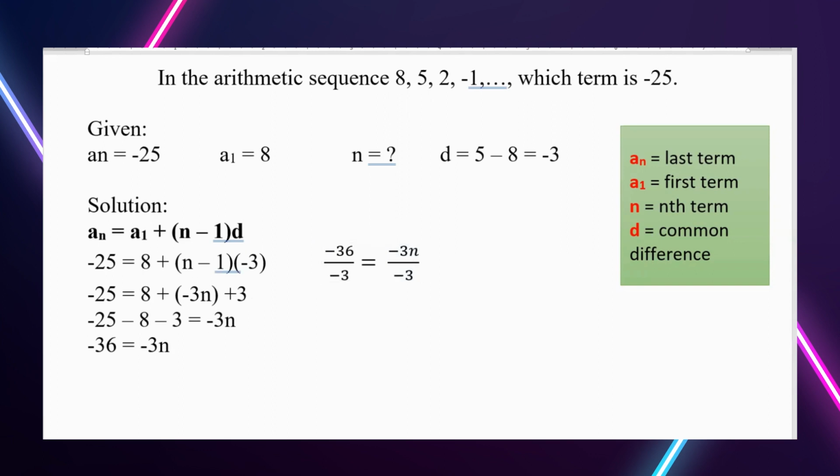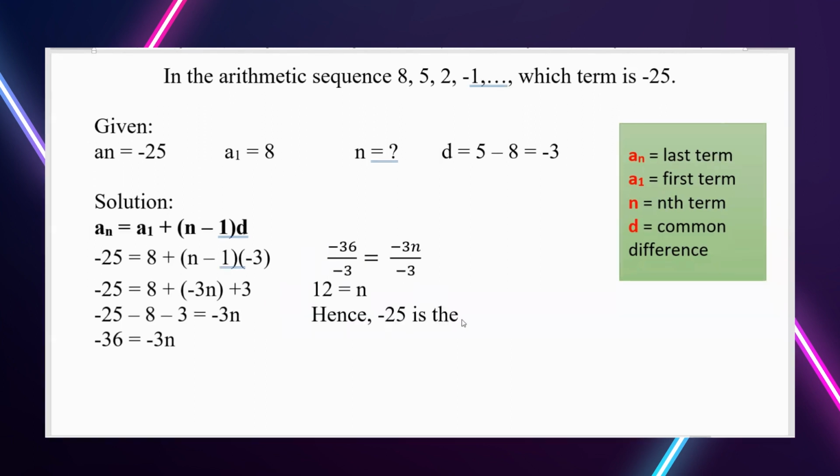So negative 36 divided by negative 3 is positive 12. And negative 3n divided by negative 3 is n. Therefore, the computed value of n is positive 12.